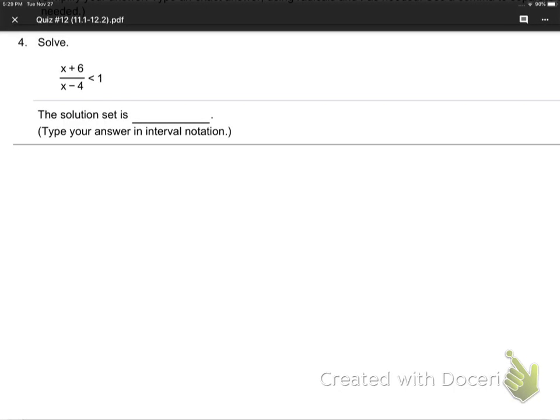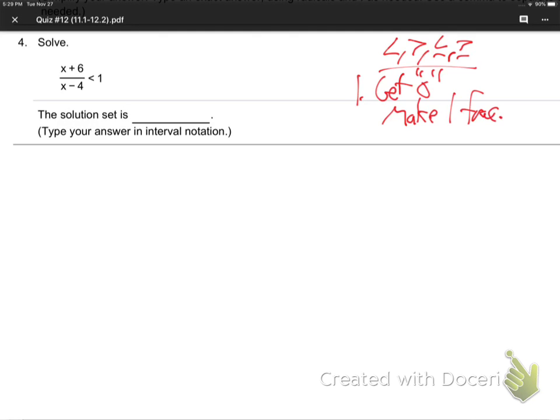Okay, number 4. Now, remember when we have greater than, less than, greater than or equal to, all that kind of stuff. What do we do? Step 1, get a 0, make it one fraction using the LCD. So I'm going to take this 1 and jump it over.